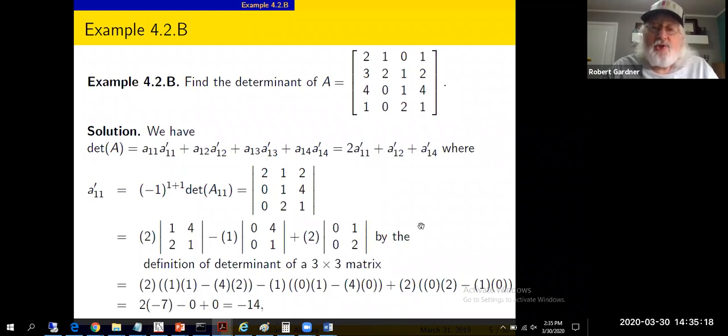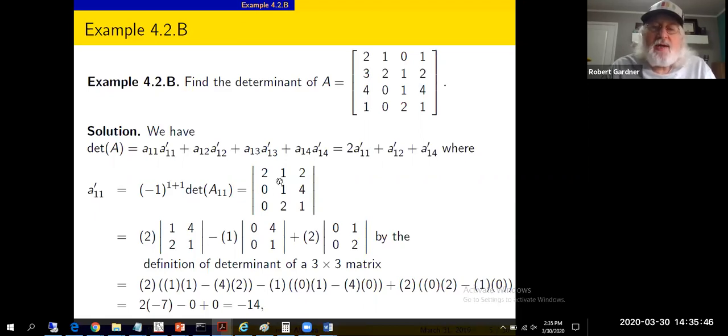Following our definition, I am intrigued by the presence of these zeros here. They'll be helpful in what we'll do. We can make better use of them, but I'm following what we know at this stage, which is the definition of determinant of a 3 by 3 matrix. It says take 2 times the associated minor matrix, though we didn't talk like that when we introduced determinants of 3 by 3 matrices. Minor matrix was defined in this section.